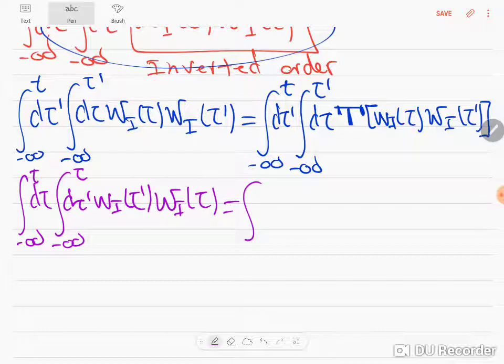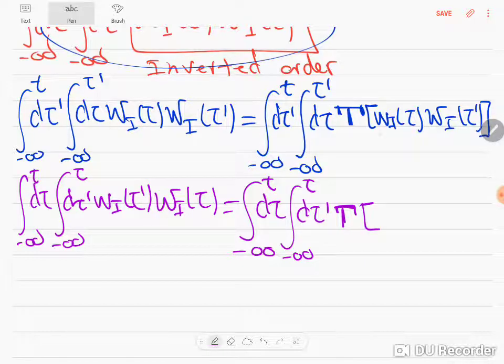Okay, and this is nothing but the integral of d tau to t, minus infinity of d tau prime to tau, time order. It will be the same time order because this will just arrange the product according to the position of times in the timeline. So then we can just write the same product as we have here with no problem.